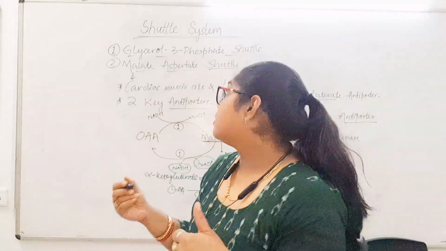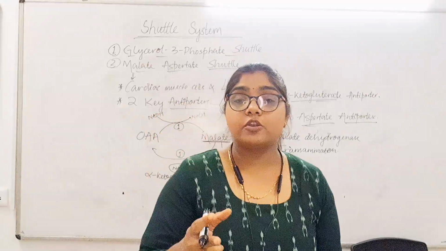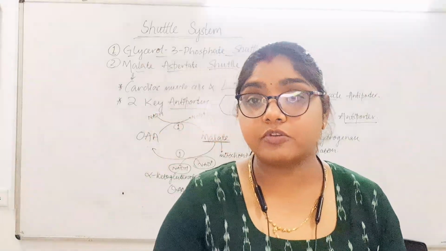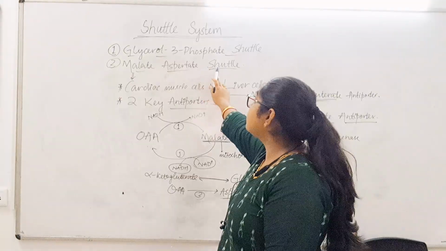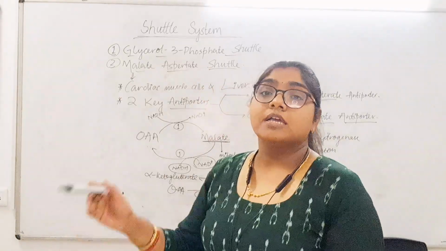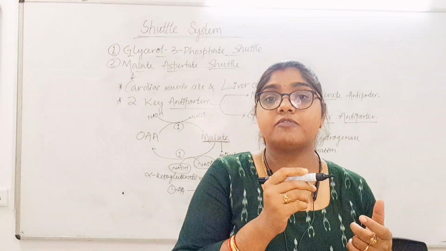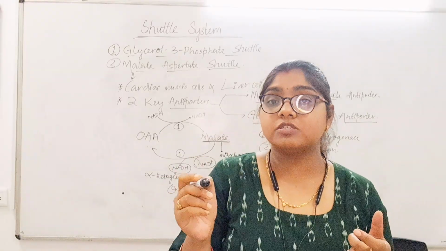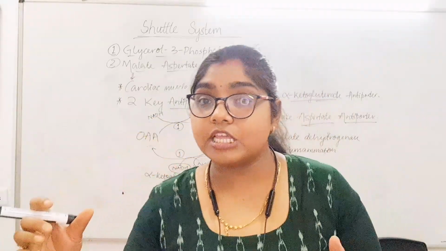Okay, so today we have discussed the two shuttle systems for aerobic cellular respiration, that is the glycerol 3-phosphate shuttle and the malate aspartate shuttle. In the glycerol 3-phosphate shuttle, dihydroxyacetone phosphate with the help of glycerol 3-phosphate dehydrogenase converts to glycerol 3-phosphate. Here it takes that NADH. Glycerol 3-phosphate enters the mitochondria.